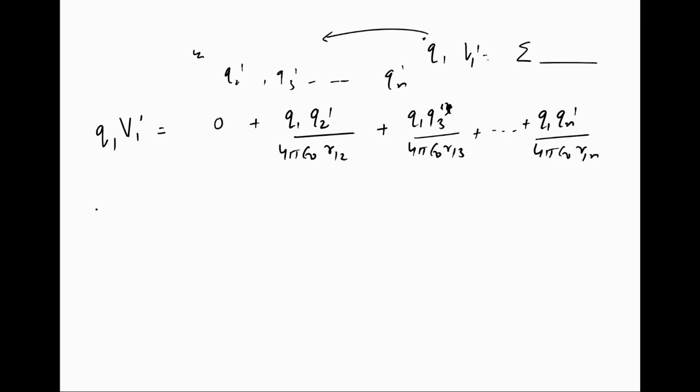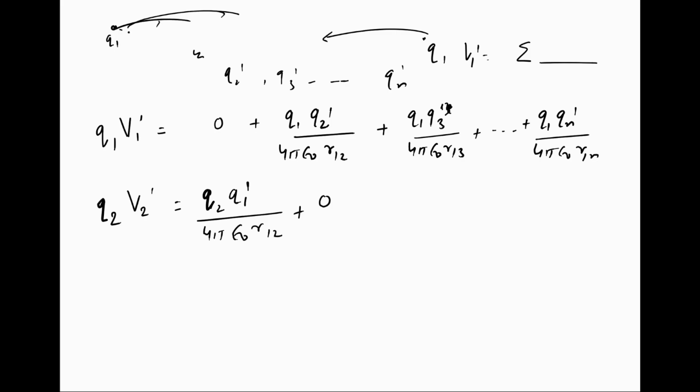Similarly, if I bring charge Q2 at its place, I can write Q2 Q1 dash over 4 pi epsilon naught R12 plus 0. You see, when there is just one charge, let us say Q1, I can take it anywhere because the charge does not create a force on itself. So the work done to move this charge without any other charge or any field, there is no energy consumed, because a charge cannot exert force on itself. That's why I am putting 0 in these places.